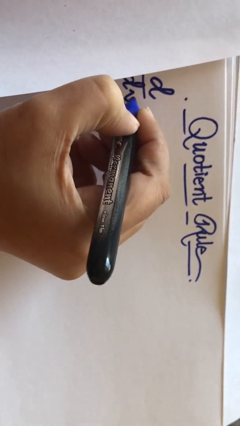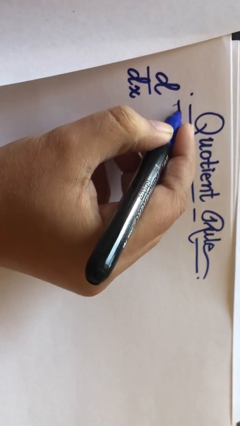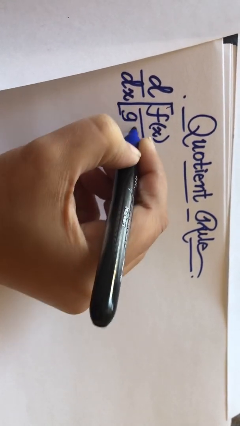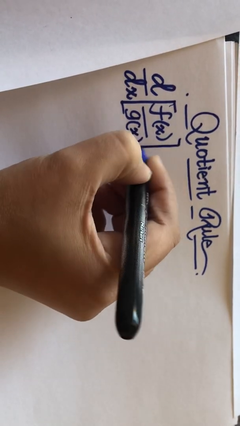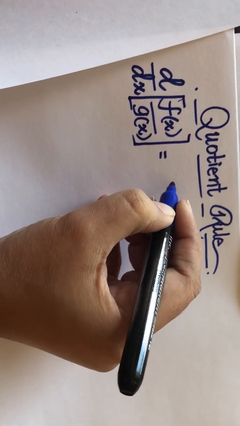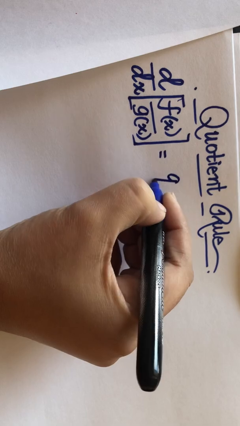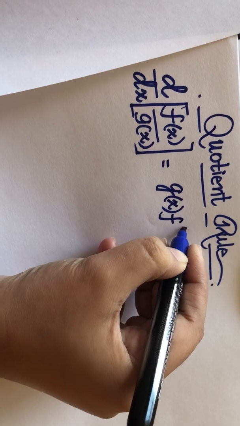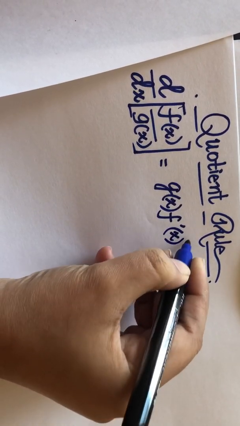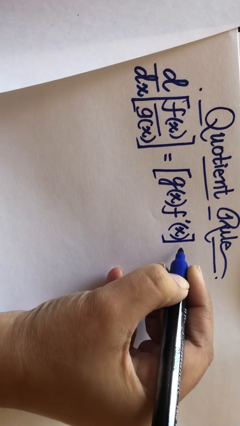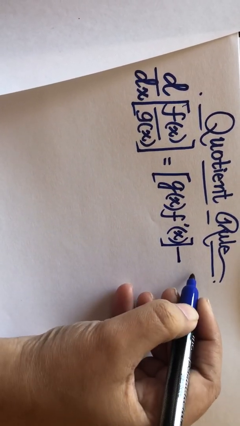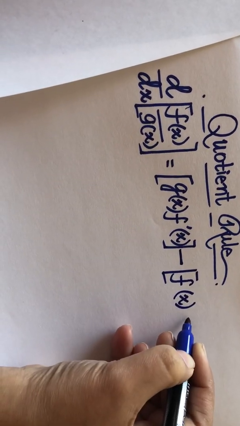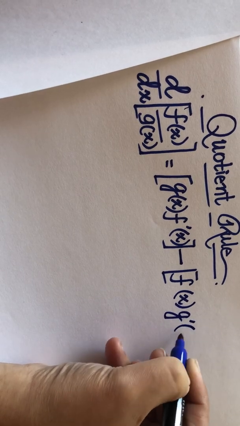So the formula is d by dx of f of x over g of x will be equal to your second function first, g of x, times the derivative of your first function, top function, minus, this minus is a part of the formula, f of x, your top function, times the derivative of your bottom function.